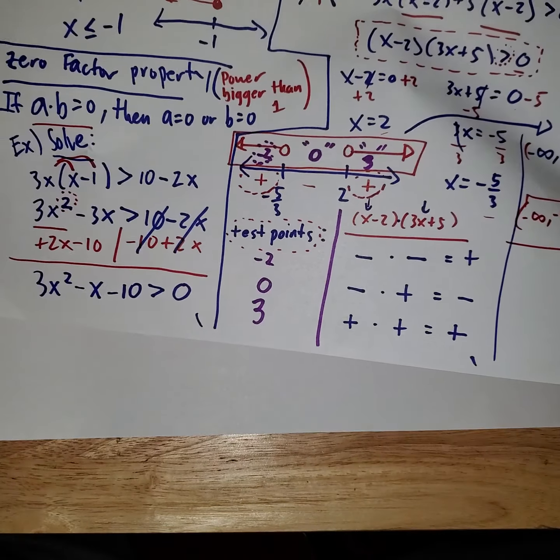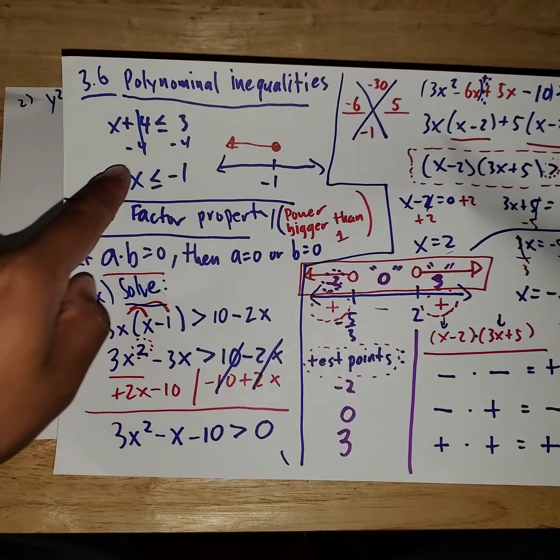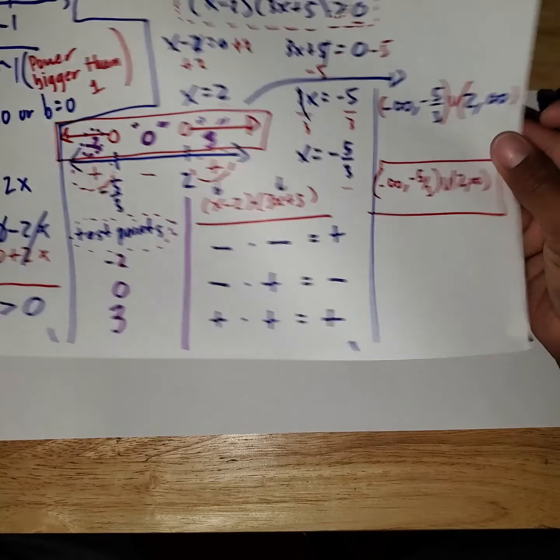But like I said, as soon as you see a power greater than 1, if this was a linear inequality, like this one was, just isolate the variable. The same way when it was a linear equation, you just try to isolate the variable.